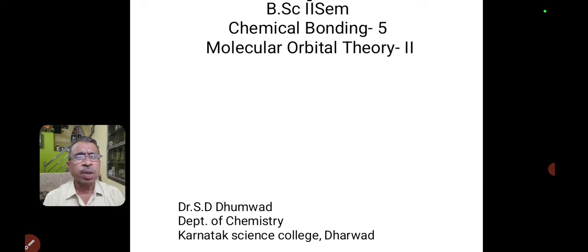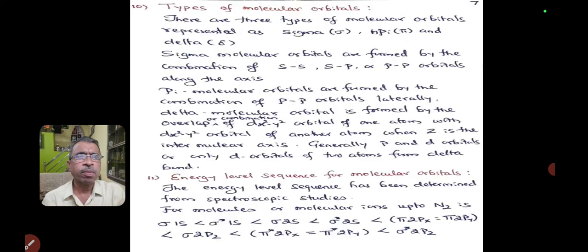The bonding molecular orbital results from the additive combination, and the anti-bonding molecular orbital results from the subtractive combination of the wave functions.